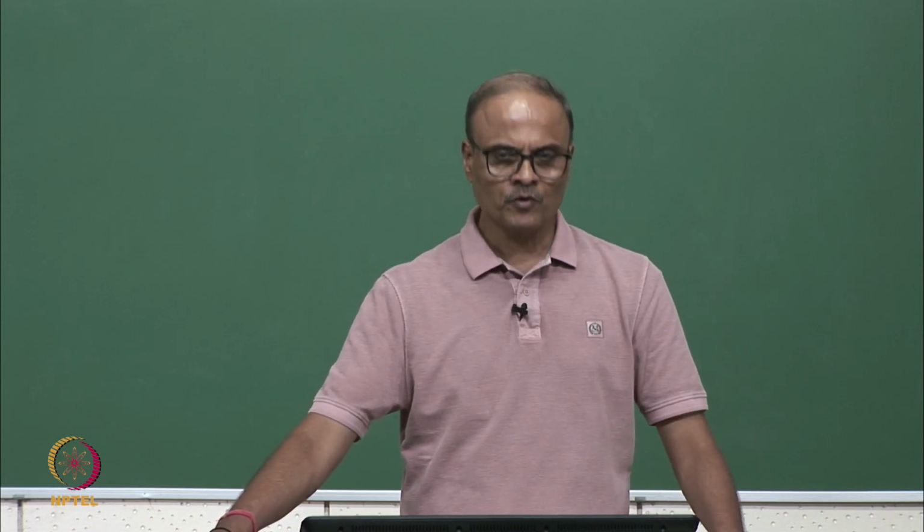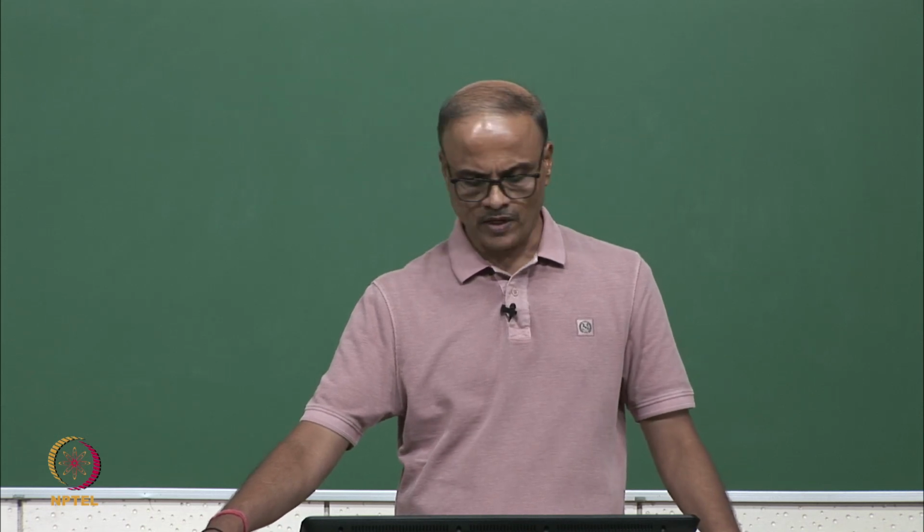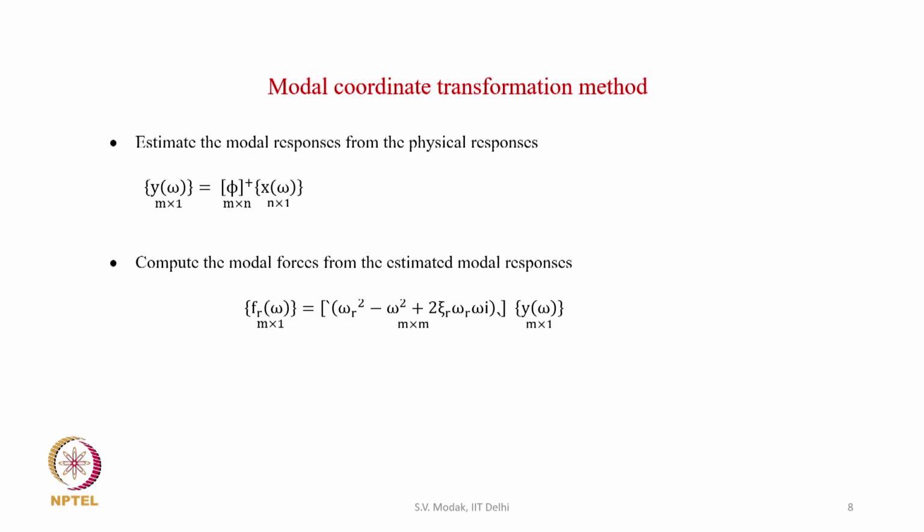Once the modal responses are available, the next step is to find the modal forces from the modal responses. For the case of, let us say, a multi-degree of freedom system with proportional damping, we earlier derived this relationship between the modal response y and the modal forces Fr. Therefore, if we take the inverse of the coefficient matrix there, we get this expression which is shown here.